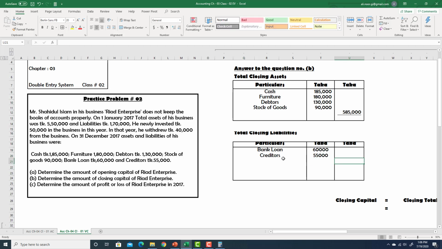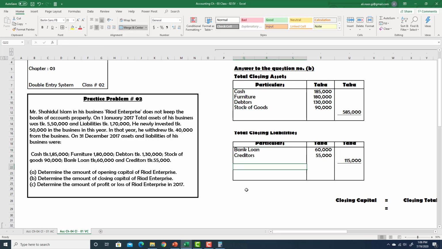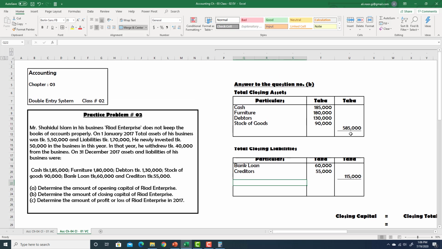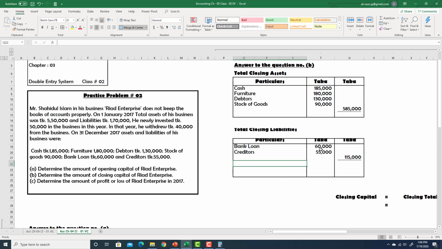The total is 1,15,000. So here is my total closing assets, 5,85,000, and the total closing liabilities, 1,15,000.